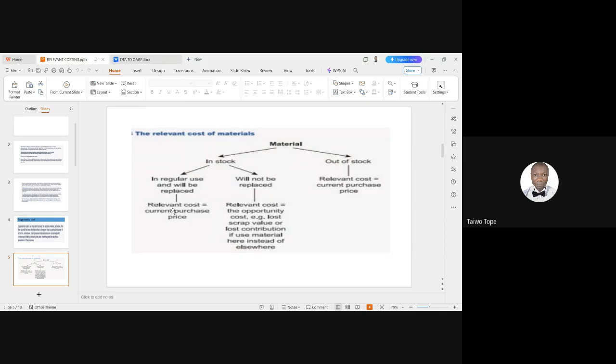When we're looking at material costs, we must learn to ask ourselves questions.